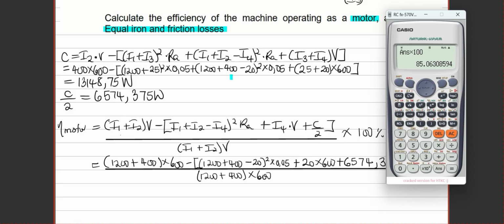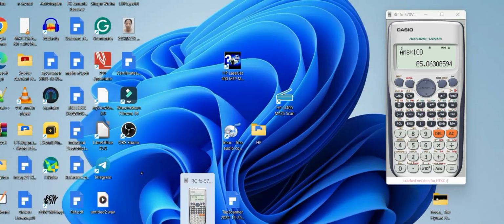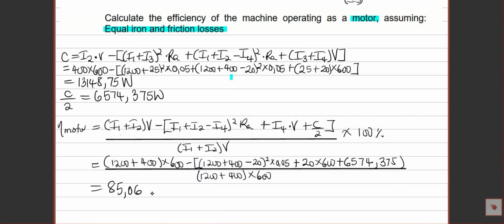Our efficiency, we are getting 85,063 percent, times 100%.